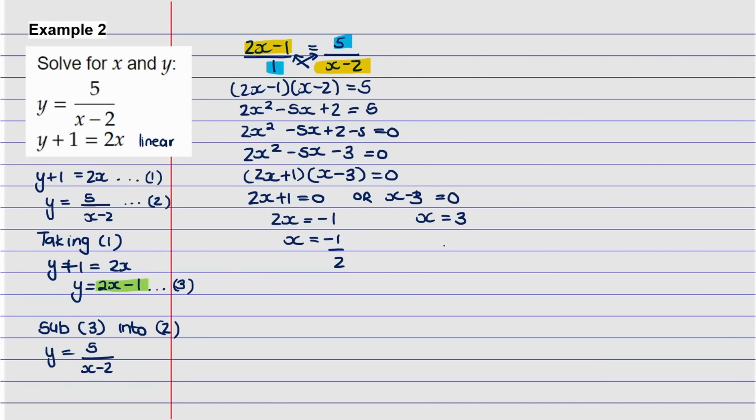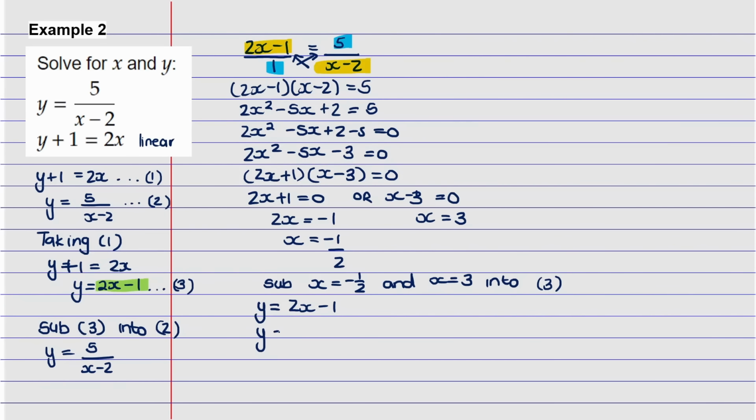Now what we're going to do is substitute x equals negative 1 over 2 and x equals 3 into equation 3. So y equals 2 open bracket x minus 1.